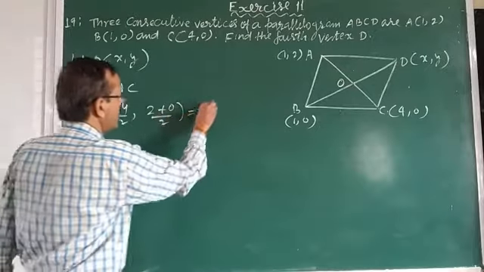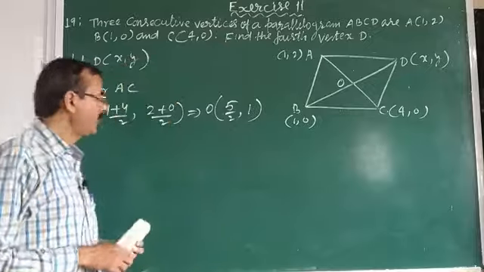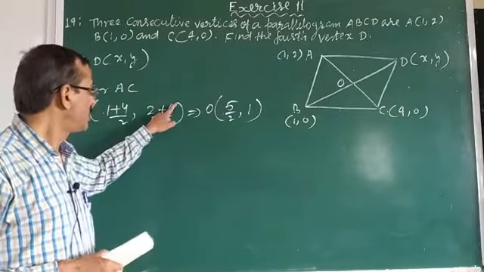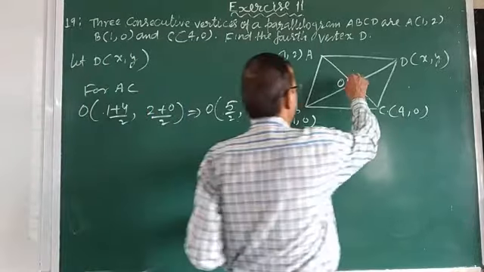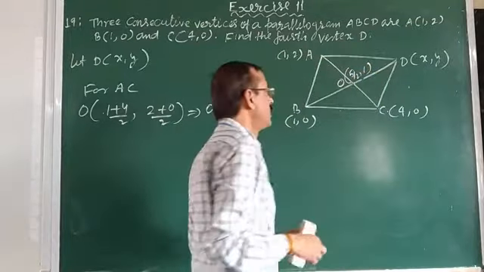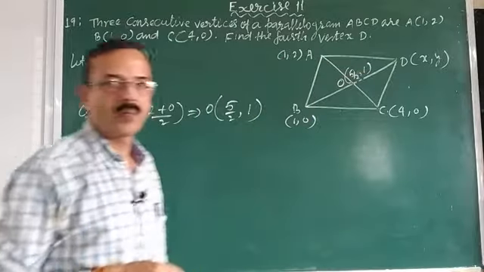O will be 5 upon 2 and 1. How did that come? 1 plus 4 is 5 upon 2, and 2 plus 0 is 2, upon 2, the 2s cancel, that will be 1. So the midpoint O is (5/2, 1).